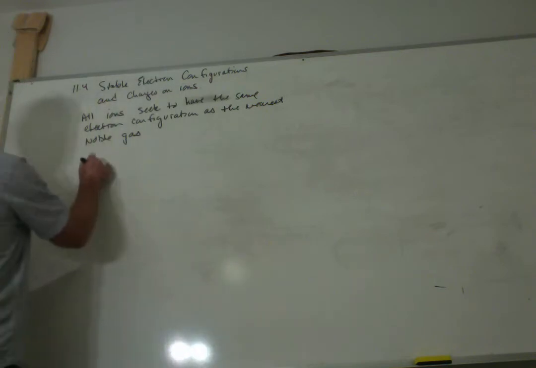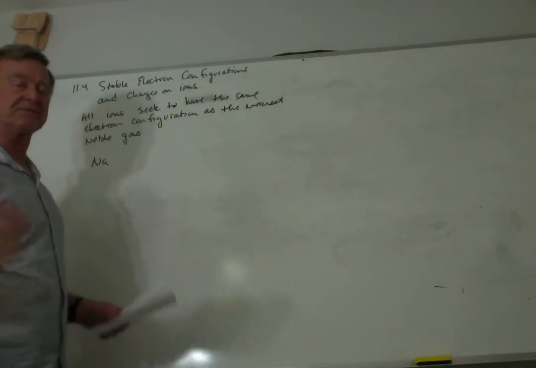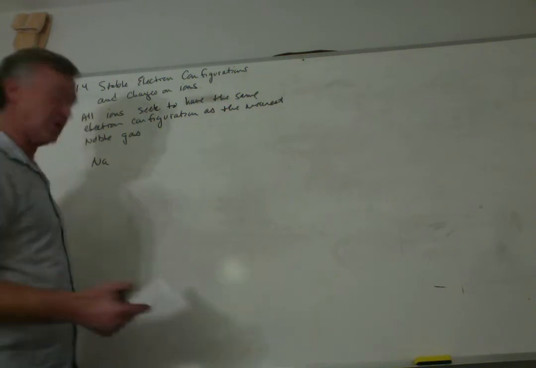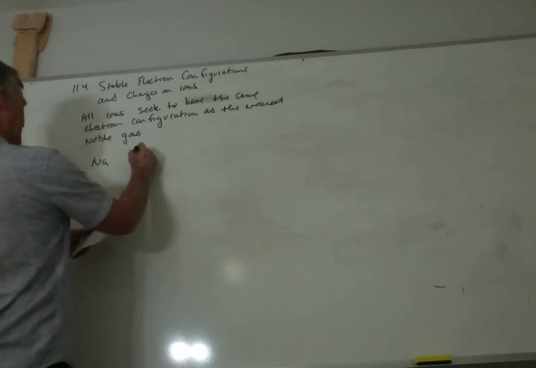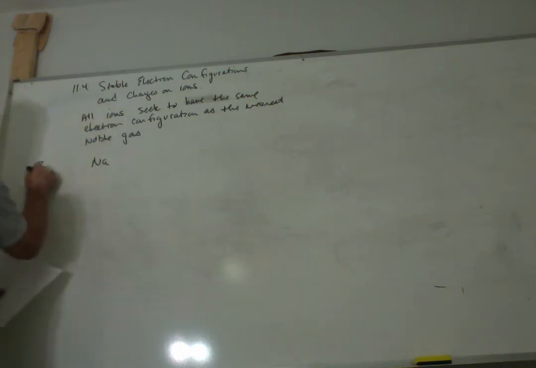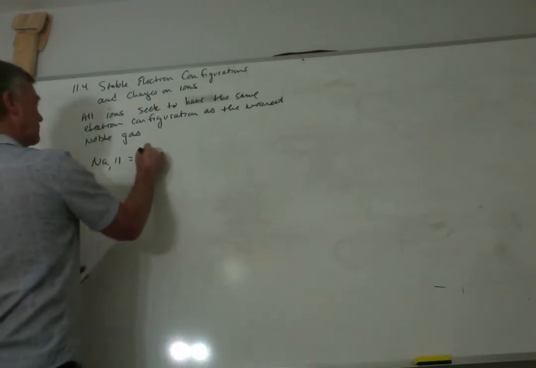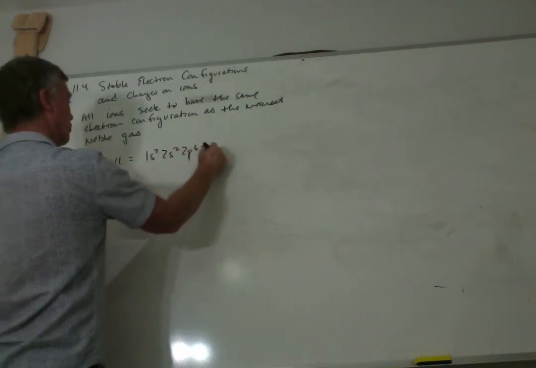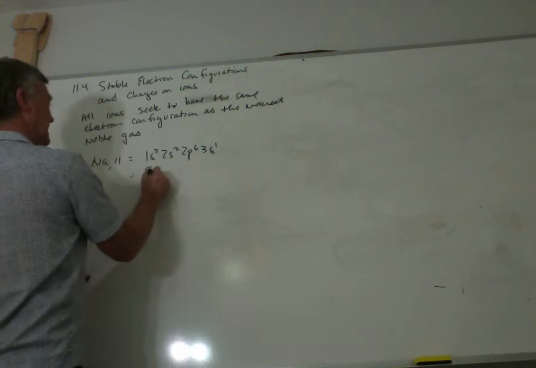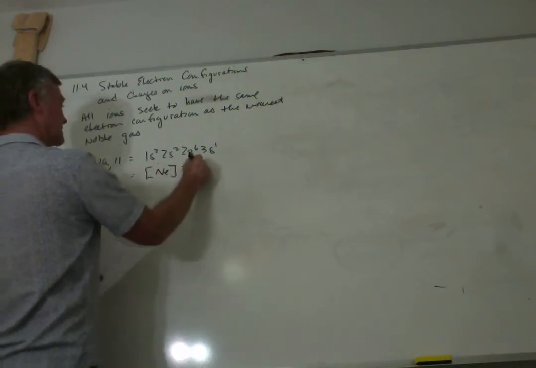So let me just show you this real quick because I usually only get about 6 or 7 minutes before I have to stop the video and do part 2. Let's take sodium. Sodium is number 11. By the way, in your book it'll say Z equals 11. That's actually the atomic number. We would write that 1s2, 2s2, 2p6, 3s1, or we could write this as the noble gas configuration of neon 3s1.